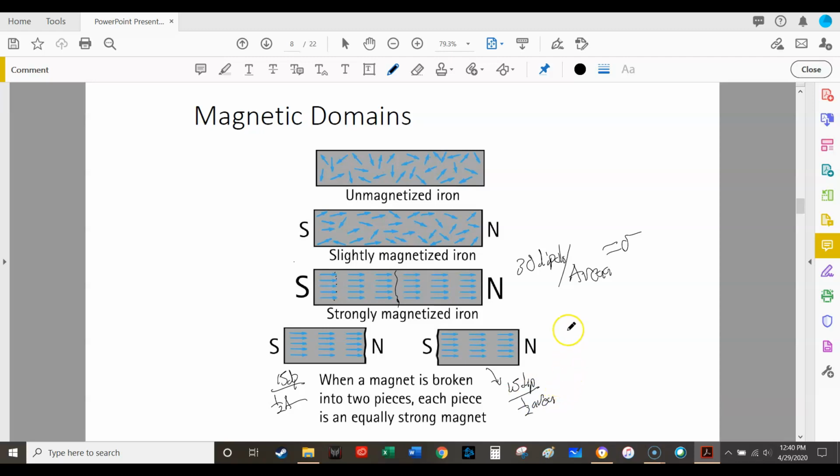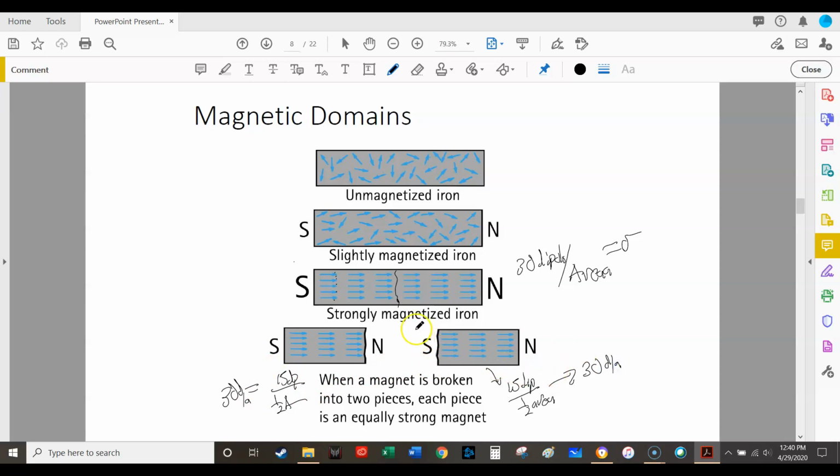Well, now that works out mathematically to be 30 dipoles per area, right? So each of these works out to be 30, right? 15 divided by a half is 30, and that's dipoles per area, right?